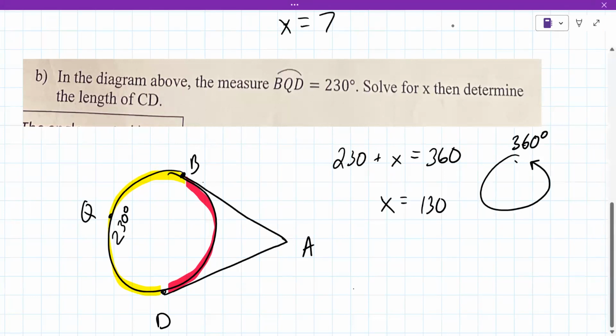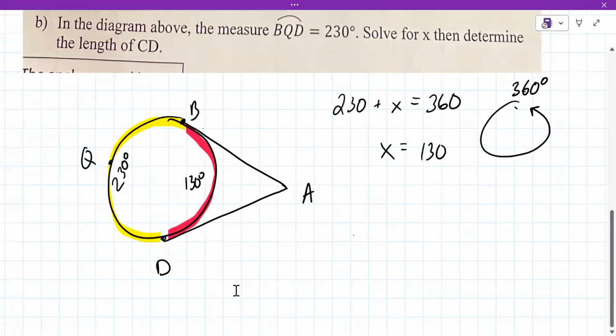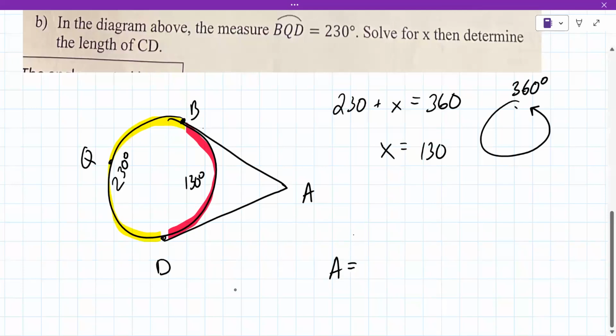Very good. So the value of A over here, I'll make it A. The value of A is 230 minus 130 divided by 2.